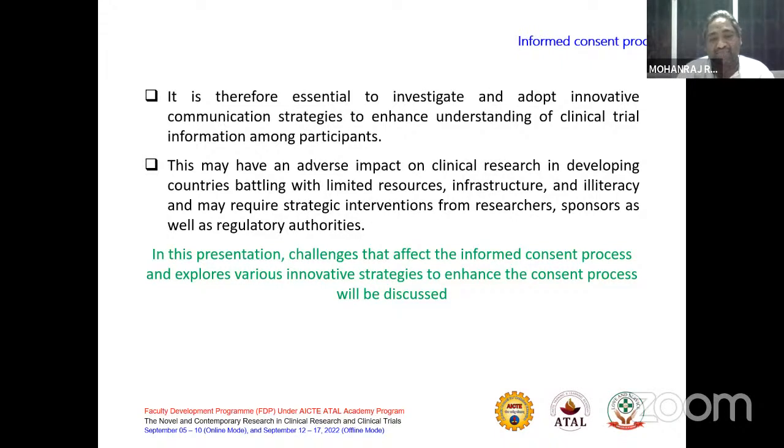Thereby, participation will be higher with a greater amount of understanding. But the battling question in the Indian perspective is limited resources in terms of healthcare resources, infrastructure, and literacy.